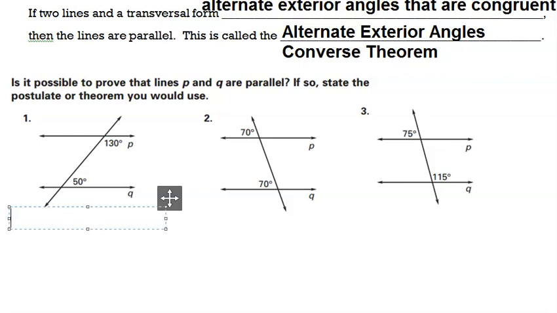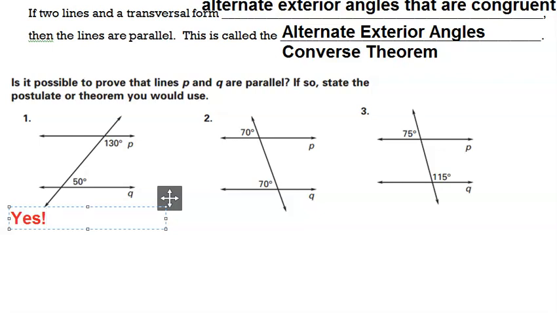So we're going to go through and we're going to say yes or no, and we're going to give a reason why. So if you look at number 1, you have a 130 degree and a 50 degree angle, and they are both same side interior. Now our goal is for same side interior angles to be supplementary. So you check and you look and you see 130 and 50, that adds up to 180. That's what we wanted. So we would say yes.